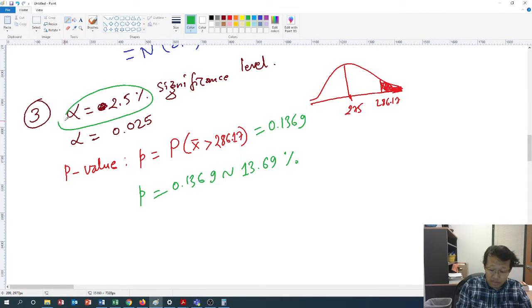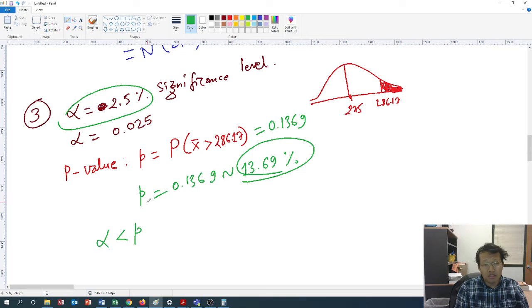Alpha is 2.5%, however p is 13.69%. So alpha is less than p, and p is not significant in this case. Since alpha is less than p, we do not reject the null hypothesis.